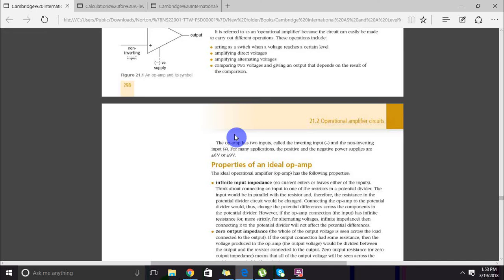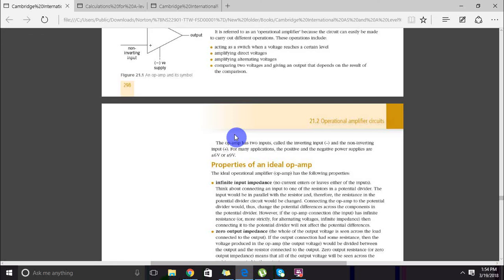At the moment we're talking about the properties of an ideal op amp, and I really cannot emphasize that enough. It has something called infinite input impedance, and impedance is really just resistance. So what they're saying is that at the input the resistance is infinite, and when the resistance is infinite, no current will enter or leave the ideal op amp.